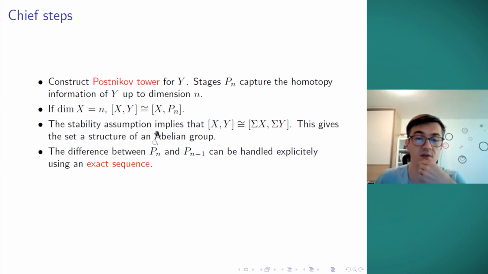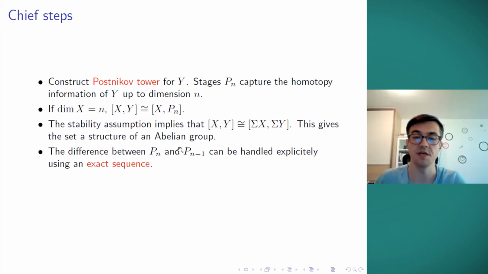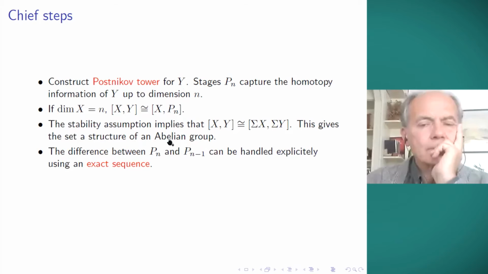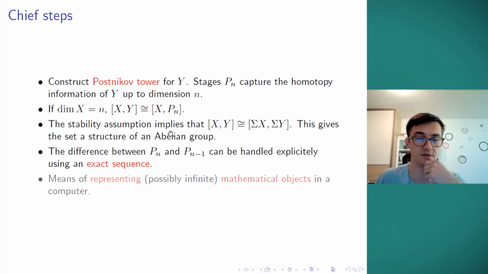And another thing, because I have this sequence of approximations of my space Y, there's a difference between these approximations, and this difference can be captured, right? This can be computed, and this helps me inductively, step by step, compute the set [X,Y] which we want.